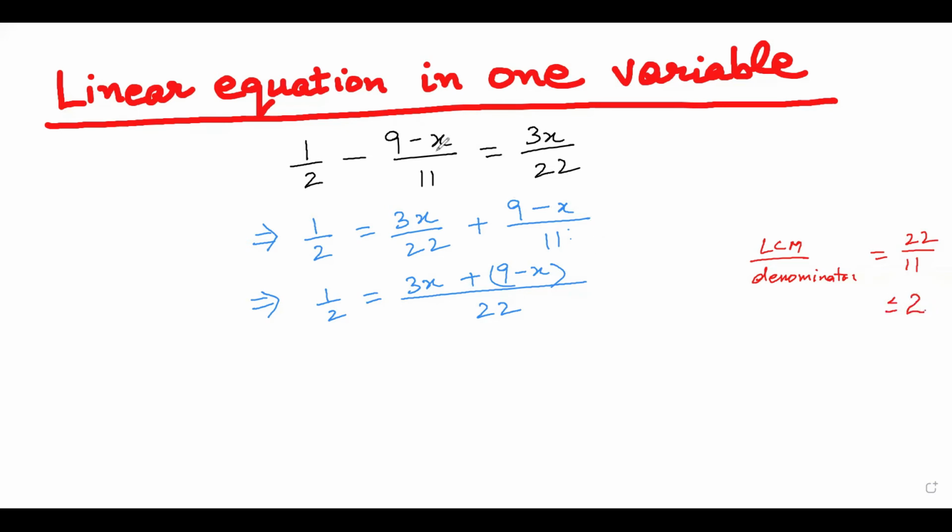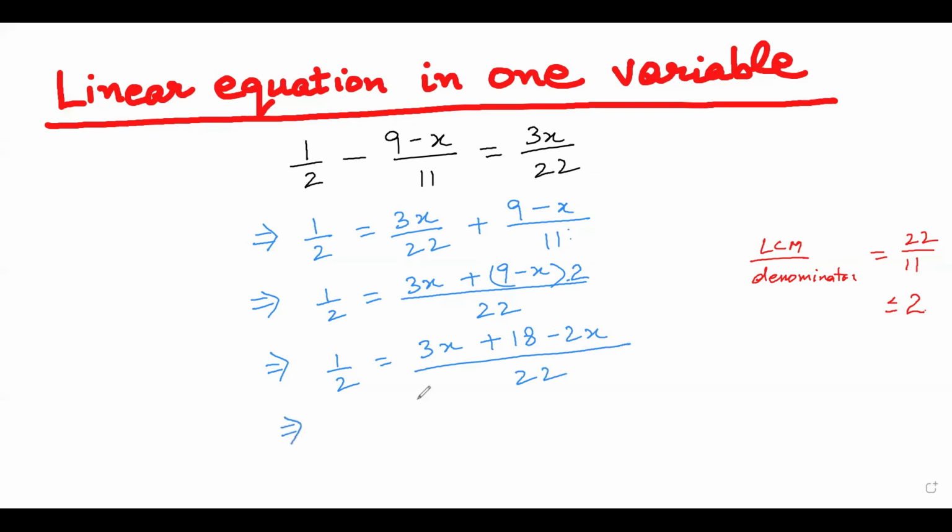So 2 will multiply with 9 minus x. What we'll get is 1 over 2, 3x plus, and we'll open the brackets and multiply each term inside the bracket by 2, so 18 minus 2x over 22.